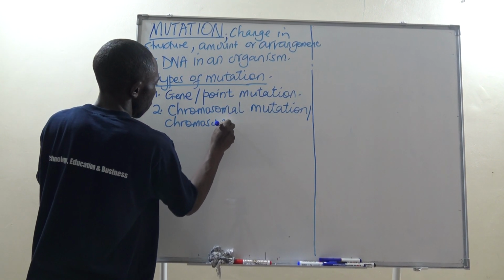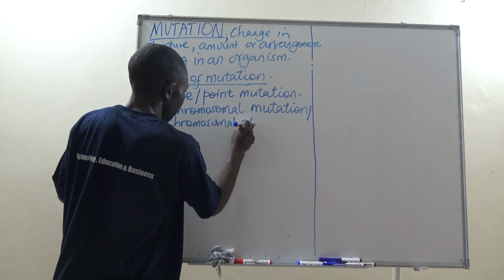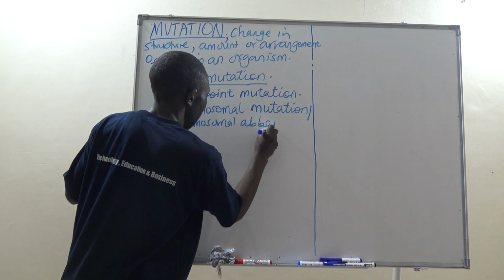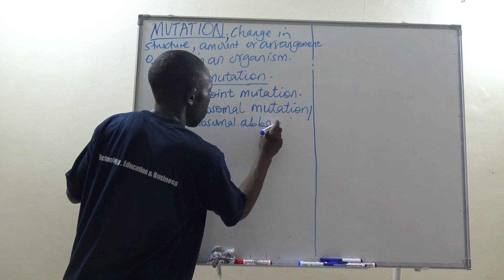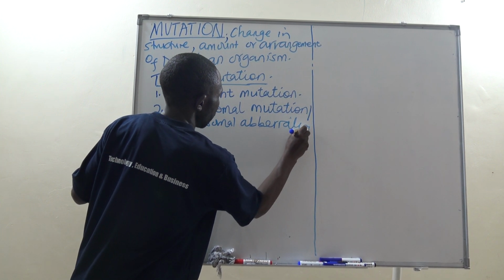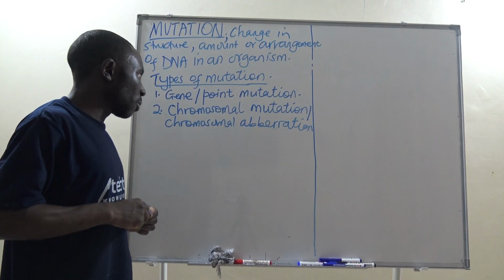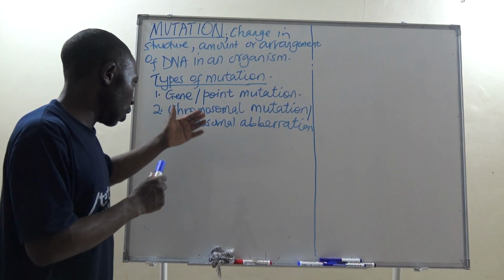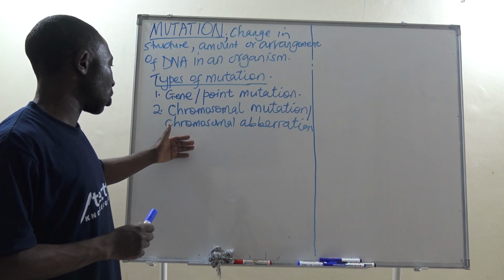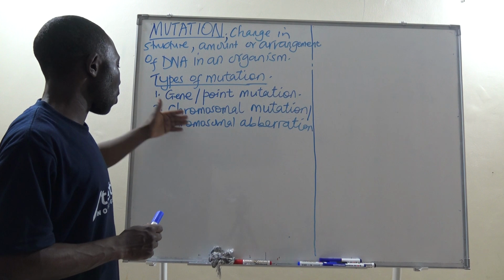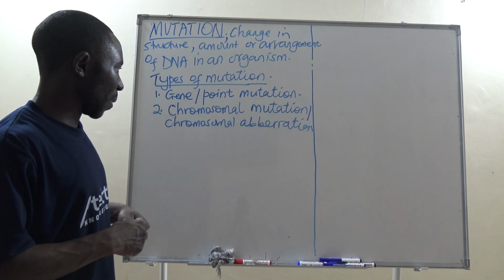So those are the two major types of mutation that we have: gene mutation and chromosomal mutation, also called chromosomal aberration.